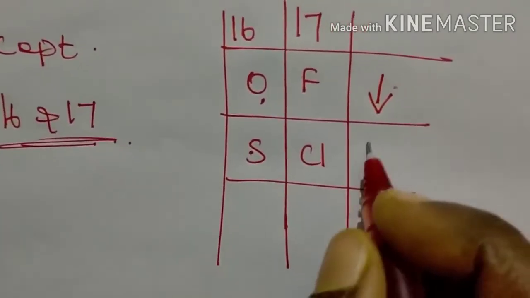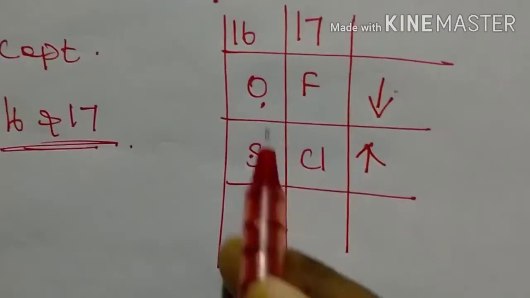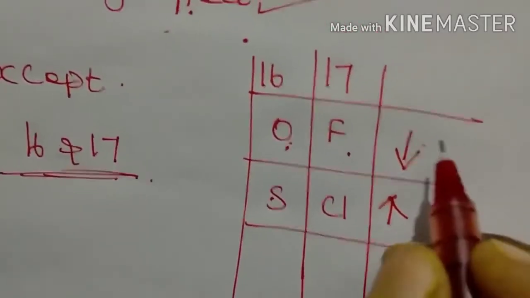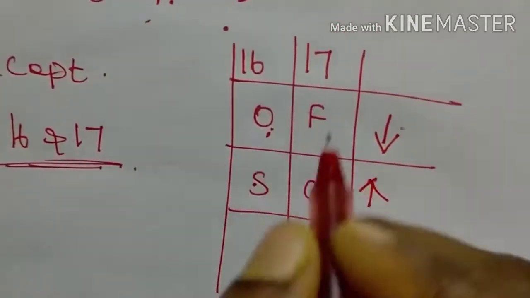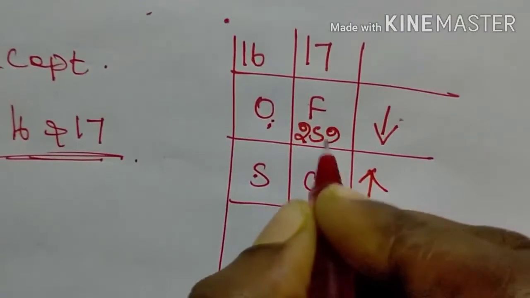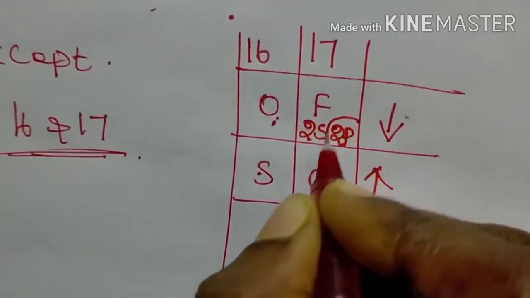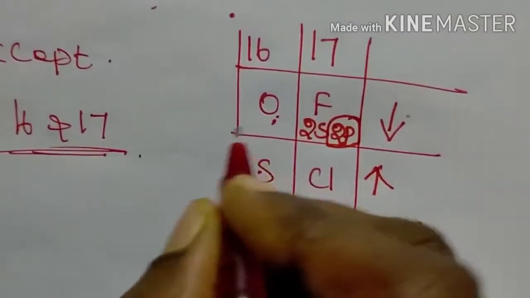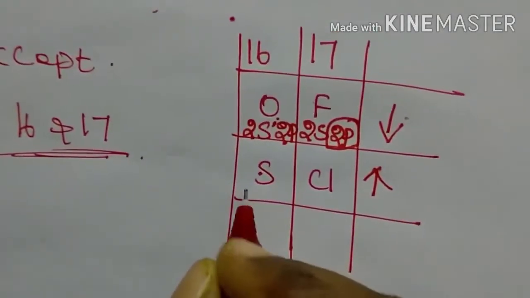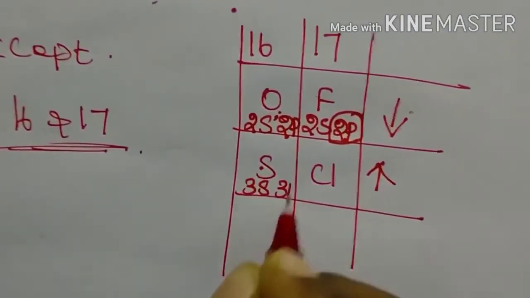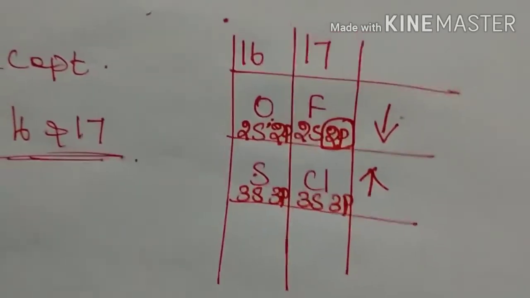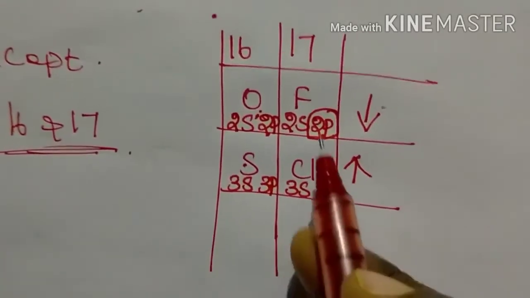The atomic size is greater in sulfur and chlorine than in oxygen and fluorine. The electrons in fluorine are only in 2s and 2p, so the valence shell is 2p. Here also it is 2s and 2p, but here it is 3s and 3p, so the number of orbitals is increasing.